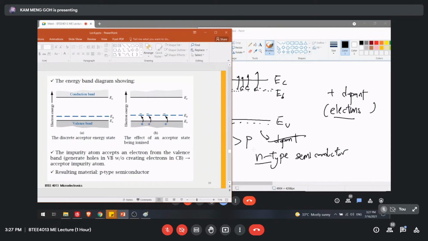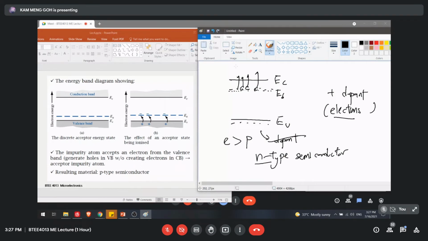Same thing happens to this one. If you want to add the acceptor, we are trying to create one state of the acceptor energy. Here there are a lot of holes, and these holes are for all the electrons to jump to here.